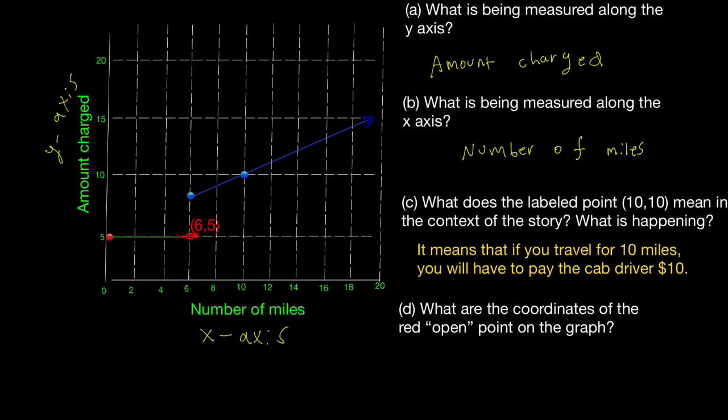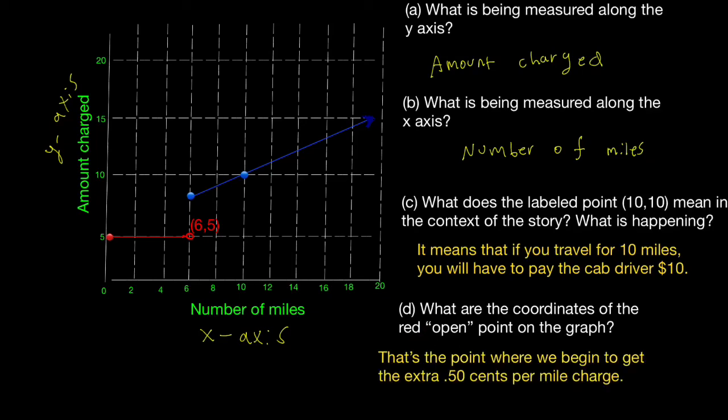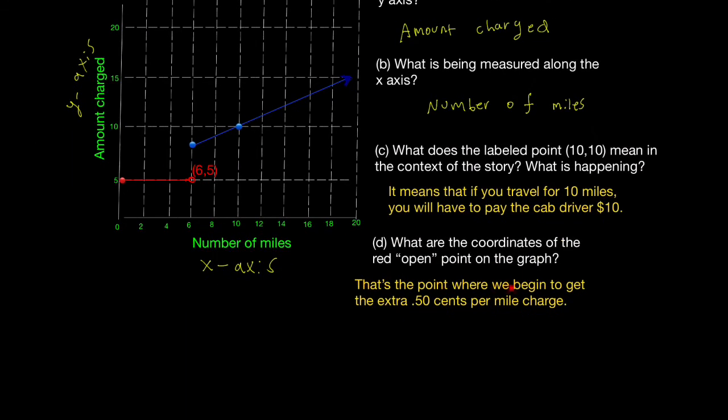Or you can say that this is the point at which we start to get that additional charge. Let's record that here. I recorded my interpretation here: that's the point where we begin to get the extra 50 cents per mile charge.